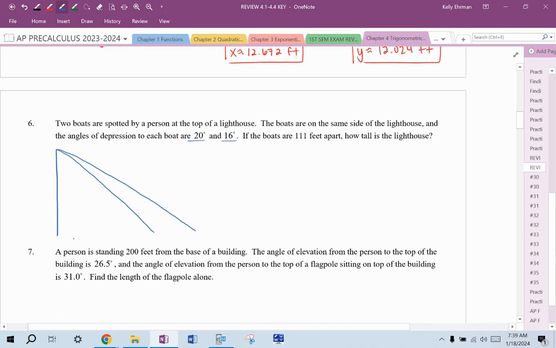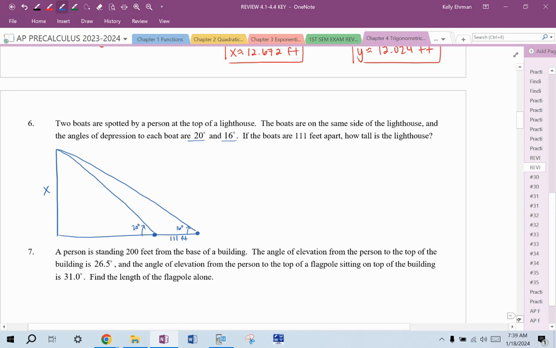You do need to put the angles in the correct order. Now, I know I listed them 20 and 16, but if I would have switched the order, you just have to pay attention. This is the steeper angle, so this has to be 20 degrees, and this one is less steep, so that has to be 16. If the boats are 111 feet apart from here to here, how tall is the lighthouse?